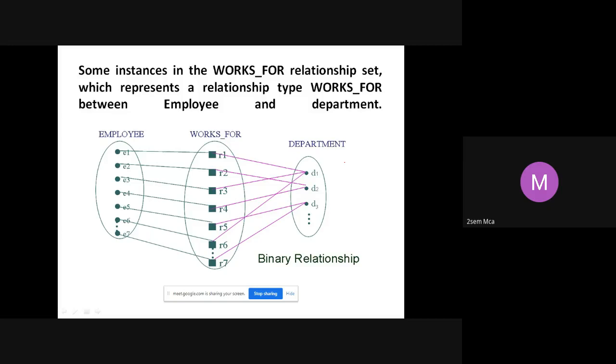Entity type means what? The entity itself, we call it an entity type. Entity with some attributes. When you define it, it is called an entity type because it is going to have a collection of entities. The set of all the entities or all instances of that entity, we call it an entity set.